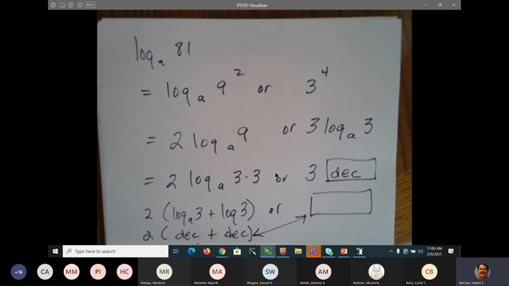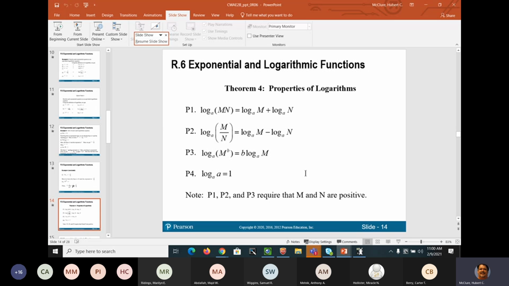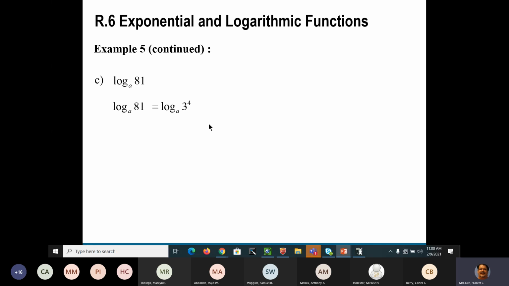So I'm going to jump over there and finish up this problem. Oops, sorry. Okay, there you go. Okay, it's 0.477. So that's going to be 0.477 with a 4.